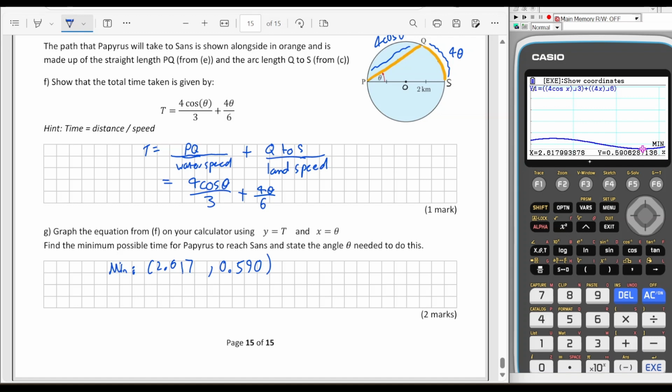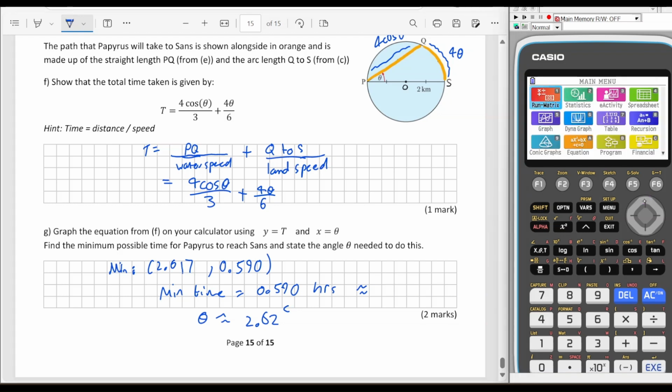So find the minimum possible time for Papyrus to reach Sands. So the min time is 0.590 hours, which we'll get minutes in a second, and the angle is about 2.62 radians.